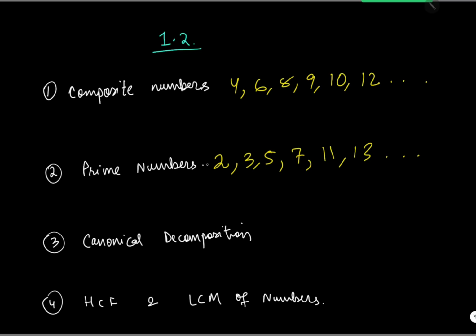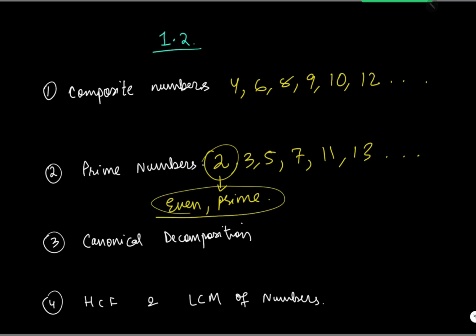And one more piece of information on prime numbers is that number 2 is the only number that is even and also prime. So please remember that 2 is the only number which is both even and prime.